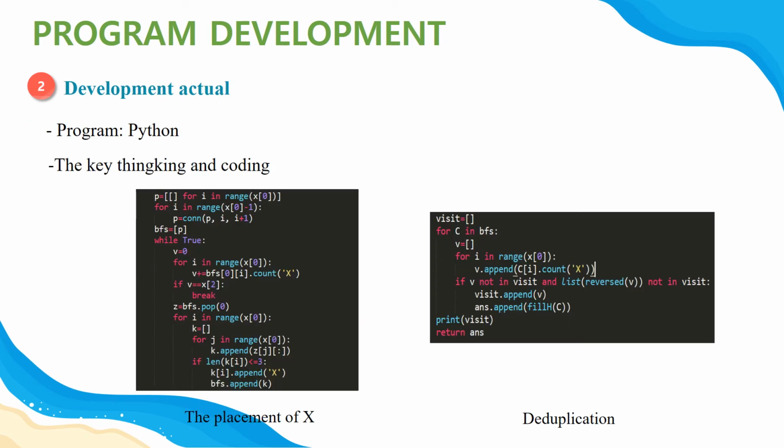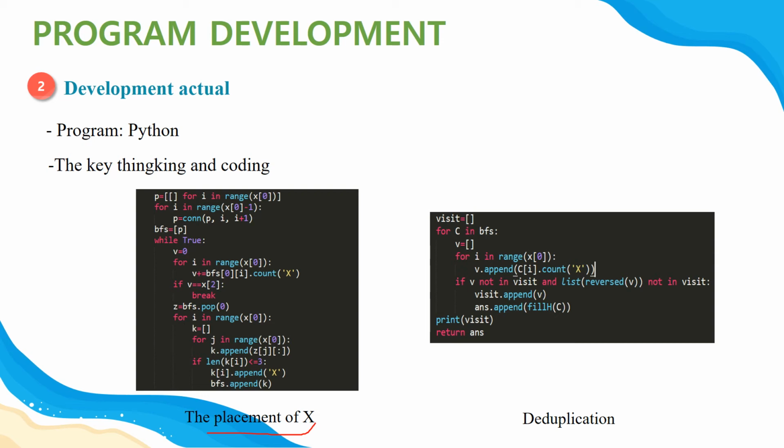The program for this study was developed using Python. This shows the key thinking process and the corresponding coding. First, the placement of X counts all possible cases.